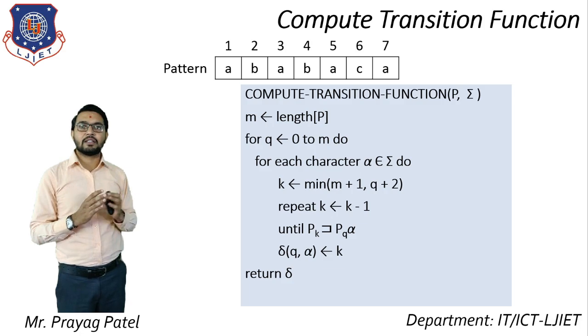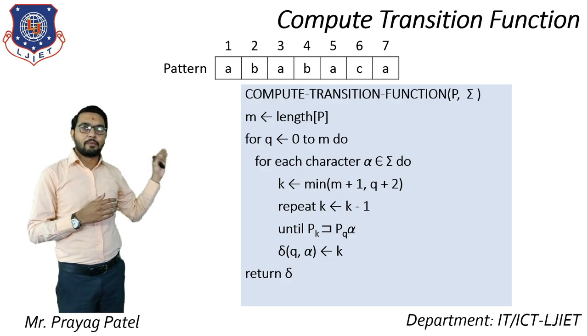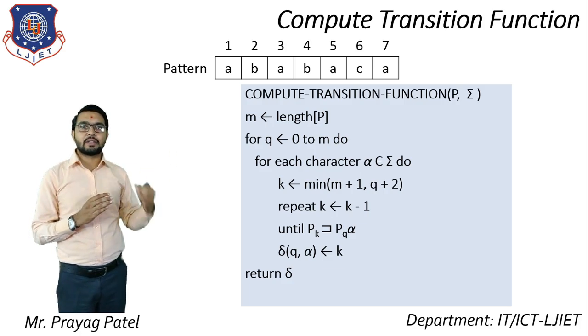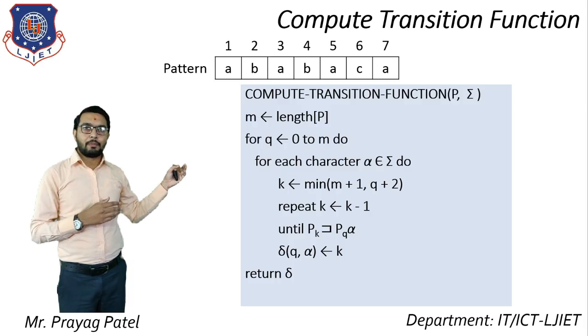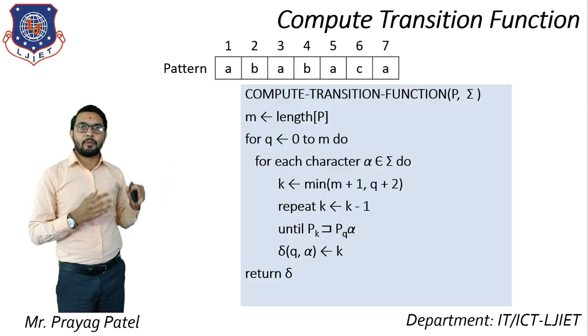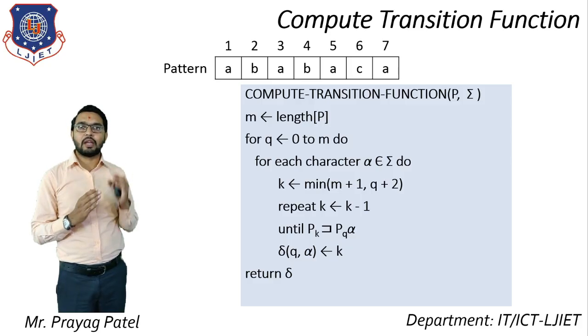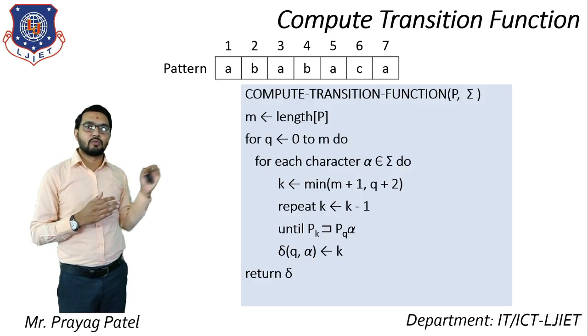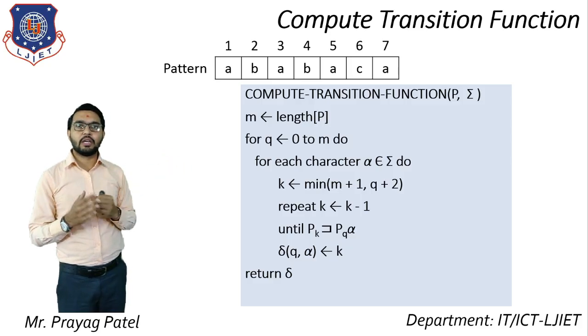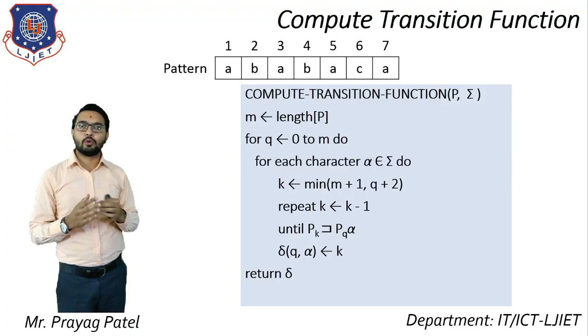So A, B and C are considered as sigma. So alpha is considered as A, B and C one by one. After that, find k equal to minimum of m plus 1 and q plus 2. M plus 1: the value of m equals the length of the pattern, so 7 plus 1 is 8, and q plus 2, initially q equal to 0, so 0 plus 2 equals 2.